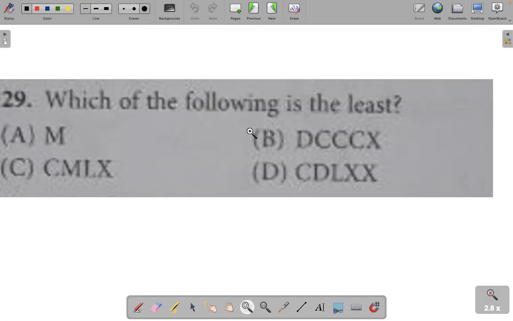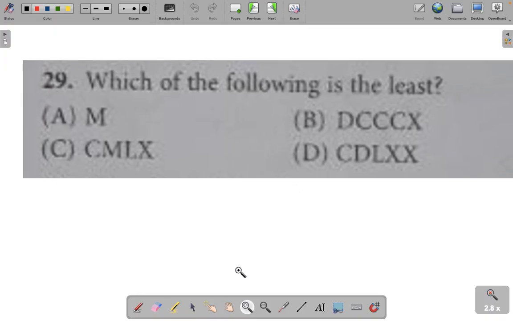Which of the following is the least or the smallest? Sir, the answer is D, 470.